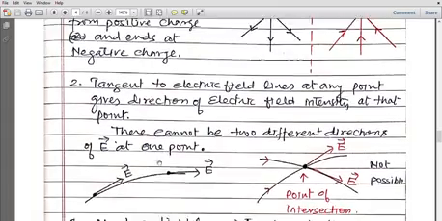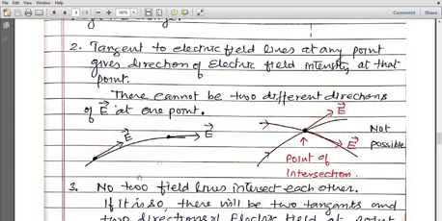Now, second thing, suppose you are having a curved line. We are having 2 points. If I draw a tangent at this point, this tangent will give you the direction of electric field at that point. This is another point, again draw a tangent. This is the direction of electric field at this point.